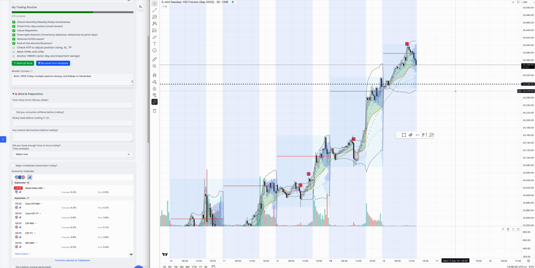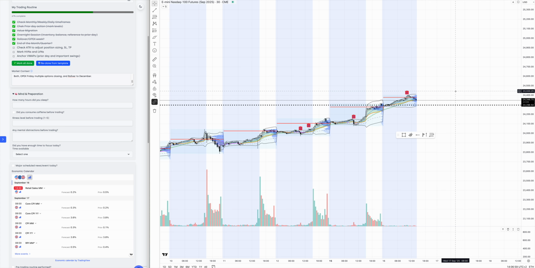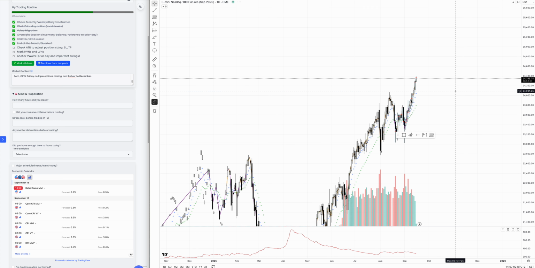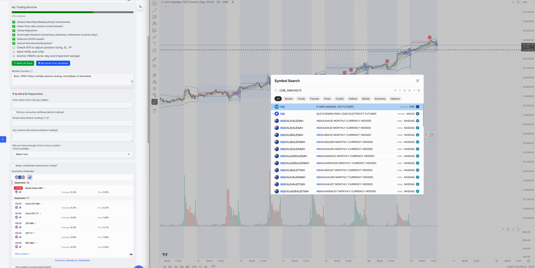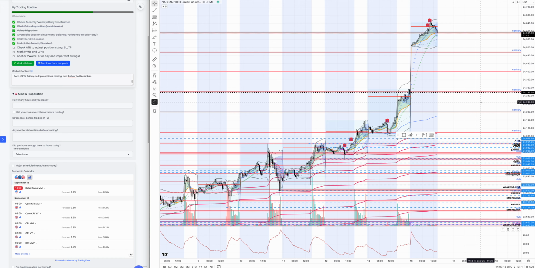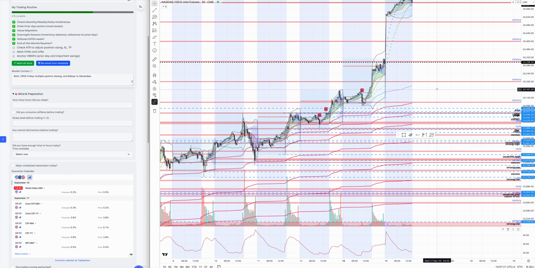Let's see. I think I deleted all the key levels, technical levels that I normally use. Truly, I don't know why. Oh, okay. I think it's because of the contract. Let me see. It could be. Oh yeah. Okay, I have to be honest, this is new to me.